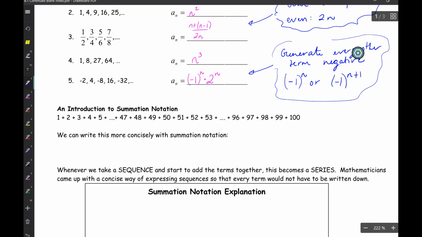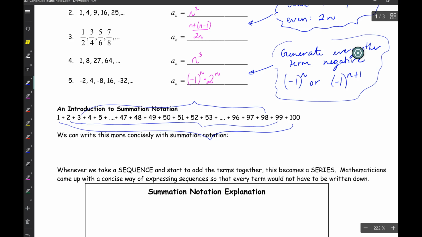He said, if I think about the numbers 1 to 100, there's a pattern that occurs. Specifically, if I add the first term plus the last term, and then the second term plus the second to last term, and then the third term plus the third to last term, and the fourth term plus the fourth to last term.